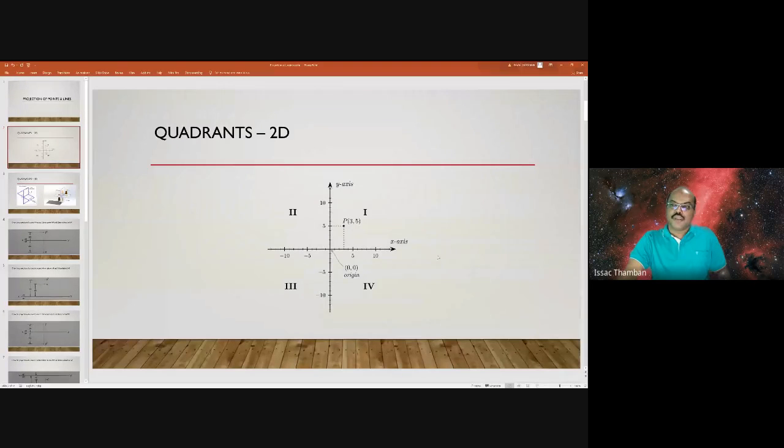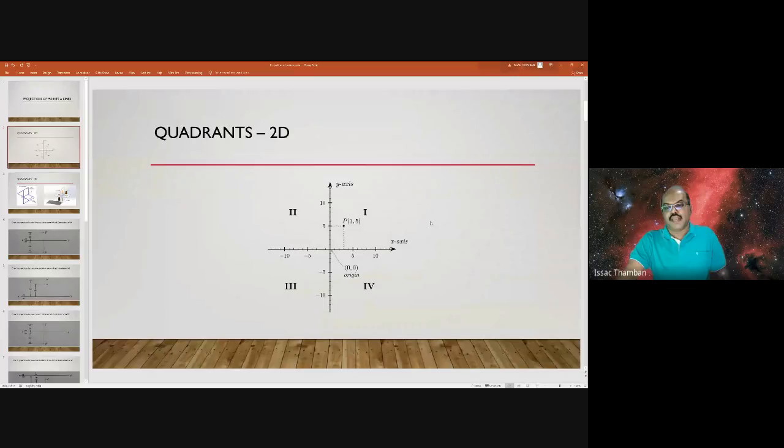Because if a point is located in space, then we have to consider x, y, and z coordinates. In that condition, instead of this x and y axis, we have to consider the horizontal plane and vertical plane.